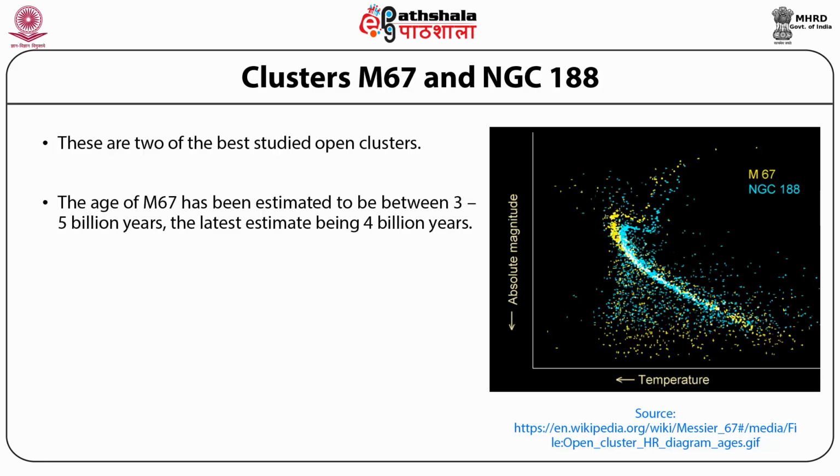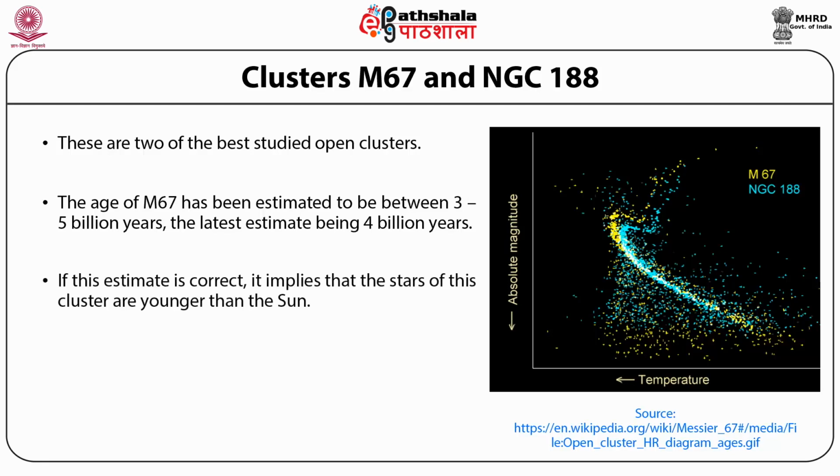The latest estimate is 4 billion years, and if this estimate is correct, it implies that the stars of this cluster are younger than the Sun. The diagram over here also shows blue stragglers.